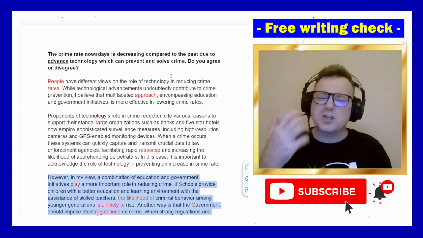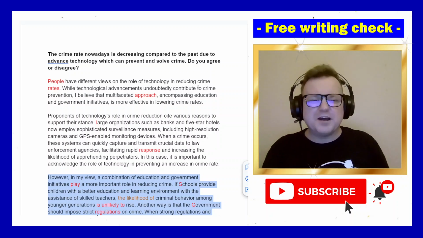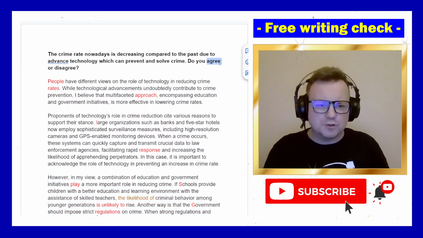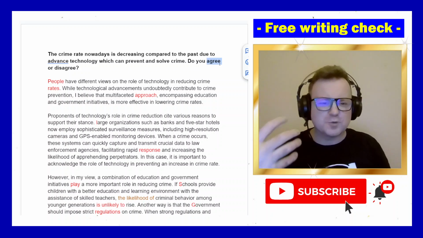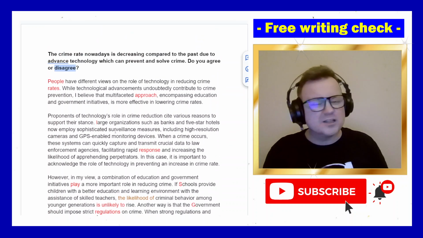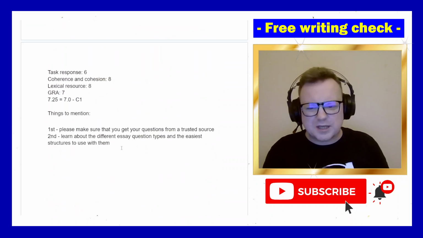And I know you could say, well, I partially agree, but I really think you're better just choosing here either agree and use 2 body paragraphs to explain why you agree, or disagree and use your 2 body paragraphs to explain why you disagree. It's just a much easier approach. So I would say that.